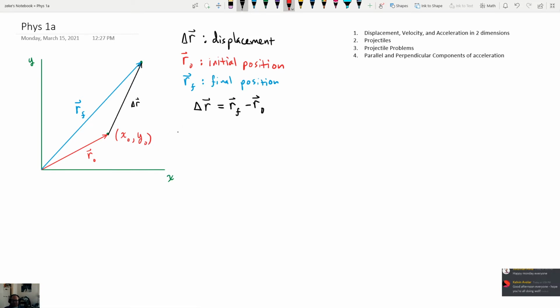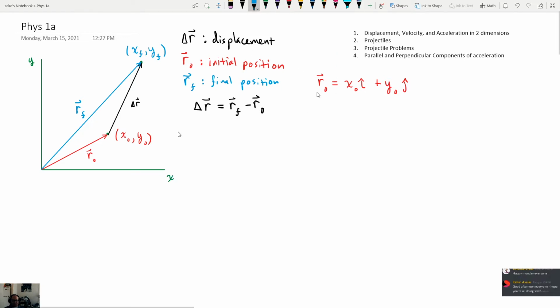And let's say the XY position of the final location is X final, comma, Y final, like this. Then we can define each of these vectors using unit vectors if we want to. Our initial position would be equal to X naught i hat plus Y naught j hat, where X naught and Y naught are going to be numbers. It could be like 4 comma 5 or something like that.